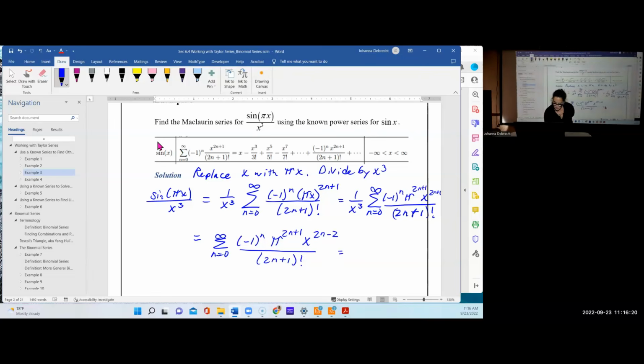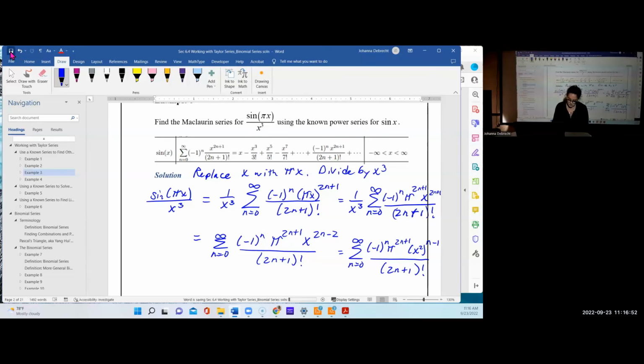So it might be helpful, depending on what you've got later on, especially if you're checking an interval of convergence, to write this in a slightly different form, which is to write this as x squared to the n minus 1, all divided by 2n plus 1 quantity factorial. But again, that's sort of a personal choice, and sometimes it's useful and sometimes it's not. So it's also just fine to leave it in this format right here.